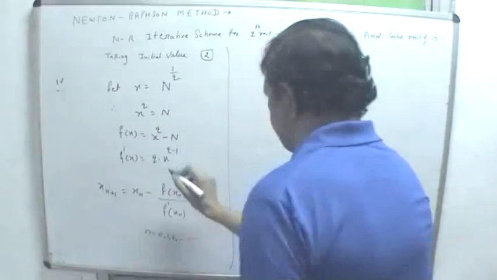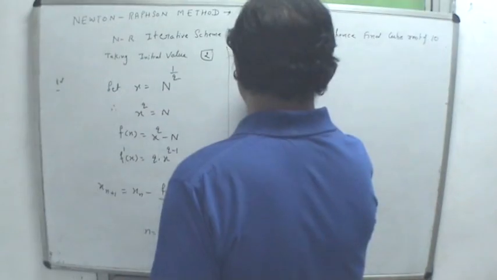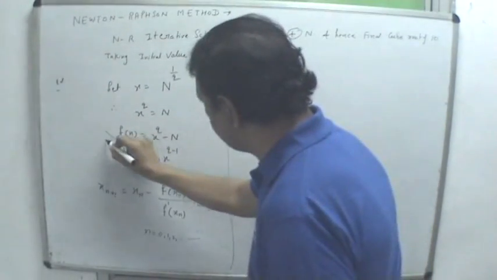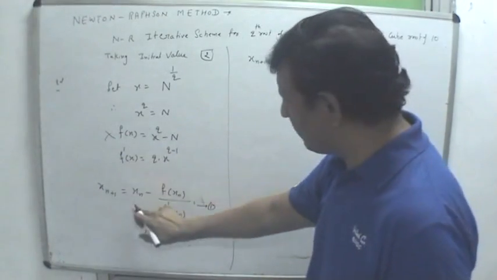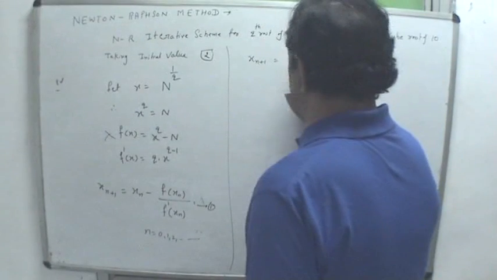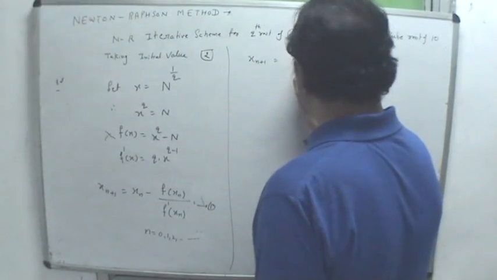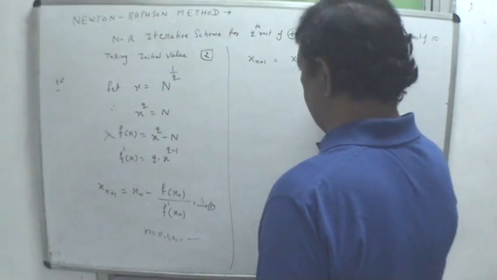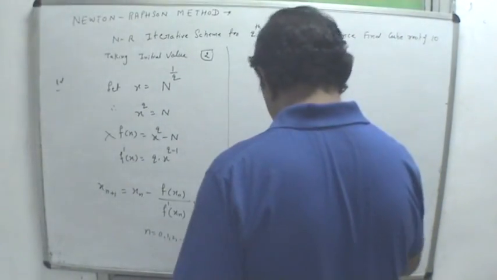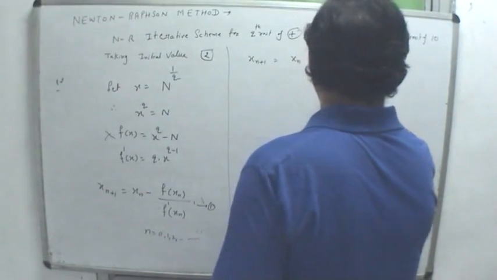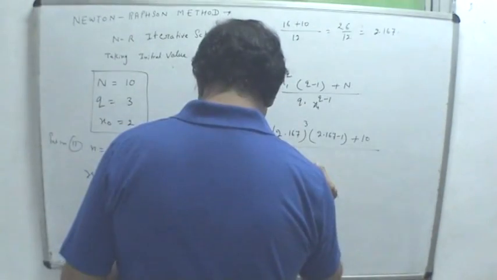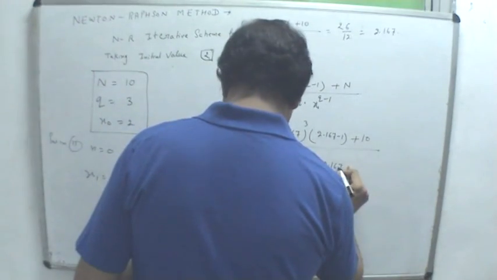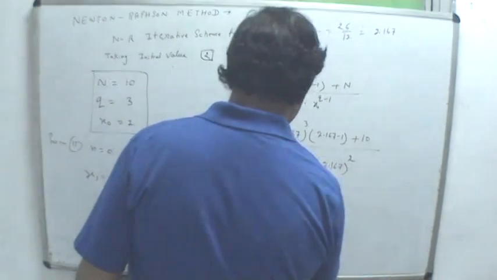If we substitute these values, xn plus 1 is equal to xn minus xn cube minus 10 divided by 3 into 2.167 raised to the power 2.